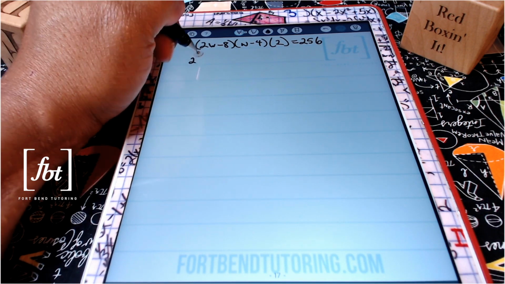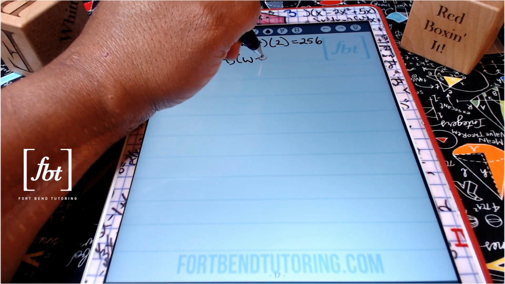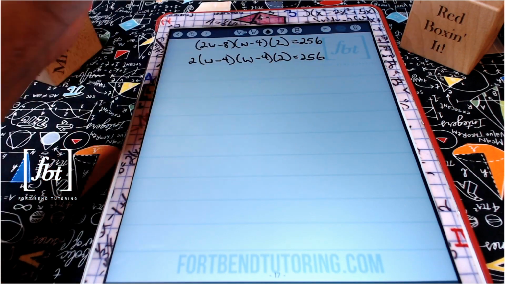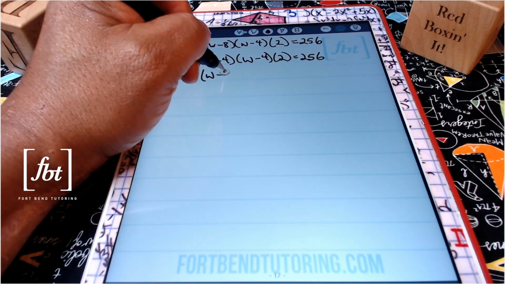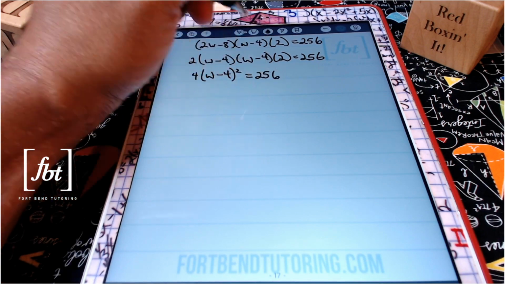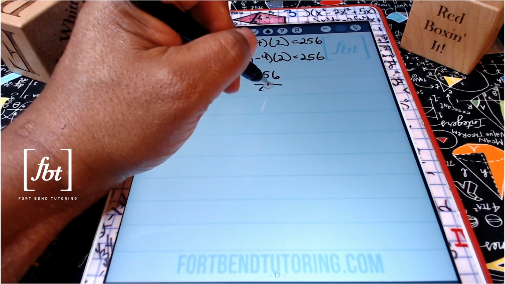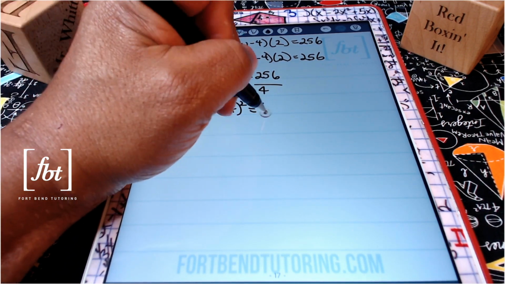We'll have 2 times (w minus 4) times (w minus 4) times 2 equals 256. Multiplying 2 times 2 will get 4 times the quantity (w minus 4) squared, which equals 256. Then, by dividing both sides by 4, you'll have the quantity (w minus 4) squared equals 64.